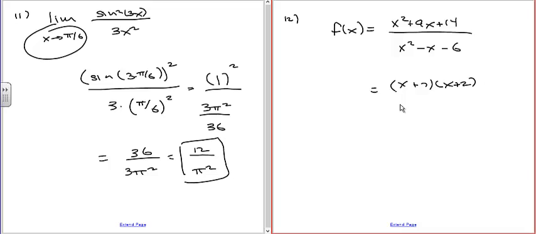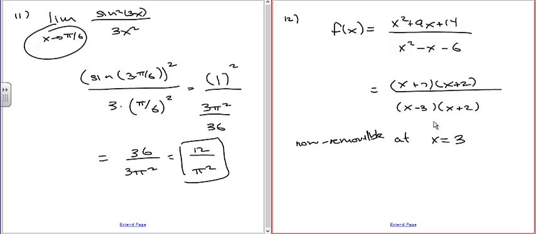Get that. And then what two numbers multiplied together give me negative 6, added together give me negative 1. So that's that. So you can see there's a non-removable at x equals 3. That makes that go to 0, and I can't remove it.